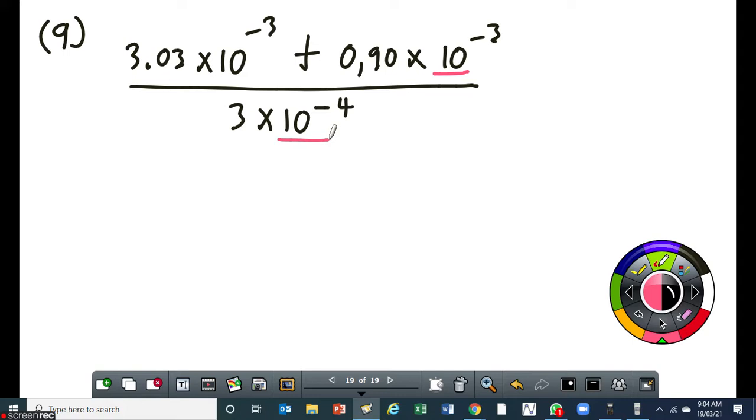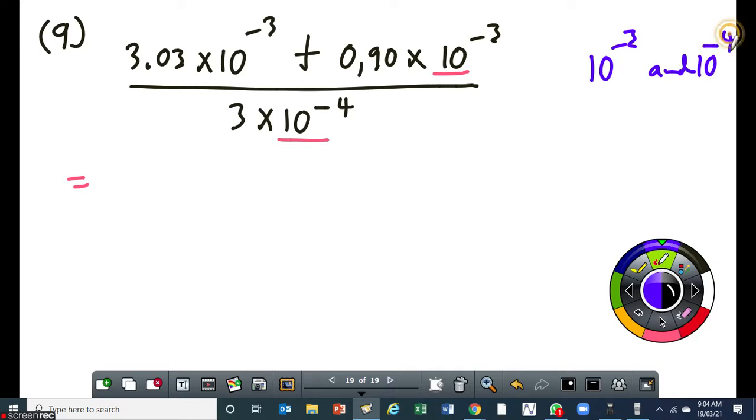Now, I want to ask you a question before I carry on. What will be the highest common factor of 10 to the power of minus 3 and 10 to the power of minus 4? 10 to the power of minus 3. No. Which one is greater, 10 to the power of minus 3 or 10 to the power of minus 4?